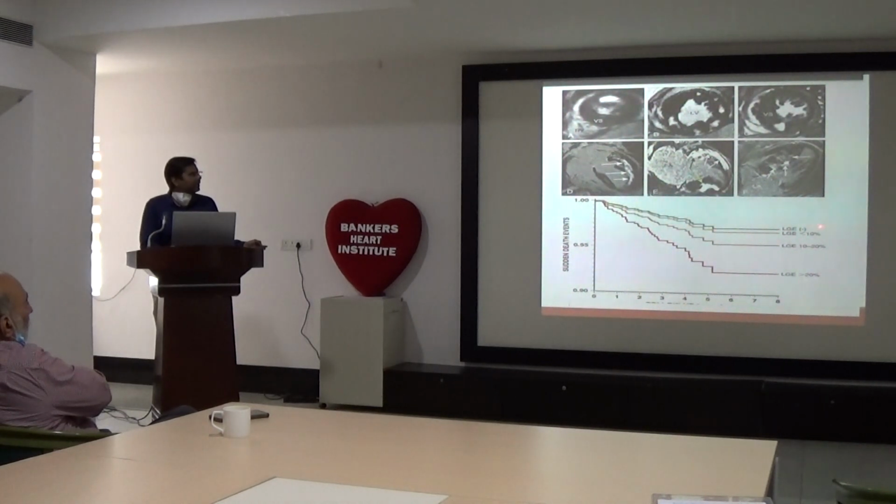This is a recent article showing that if the late gadolinium contrast is negative, the overall sudden death event is low. If it is more than 20%, the sudden death event increases up to 8%. This white color is the late gadolinium enhancement.